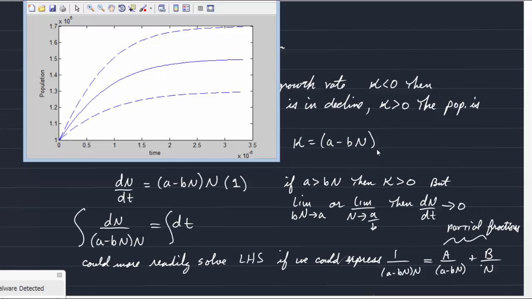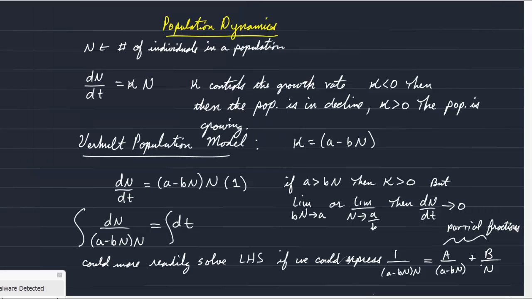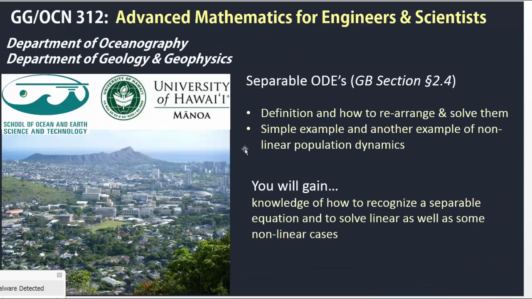But eventually, as external pressures limit the rate at which population can grow, as simulated by this n-dependent kappa, the population tapered off and stabilized at a certain value. Okay, so this concludes my presentation of population dynamics as a nonlinear ODE, and we solved it by recognizing that this ODE was separable.